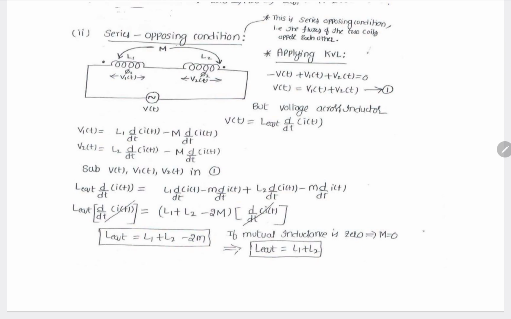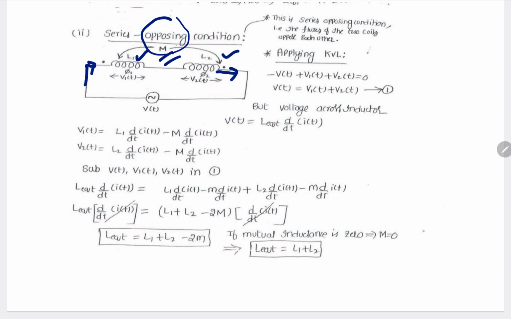Now we will see inductors L1 and L2 both in series with the mutual inductance M, but in series opposing condition. You see current is entering into the dot in L1, but current is leaving from the dot in L2. In one inductor current is entering into the dot, in the other inductor current is leaving from the dot.